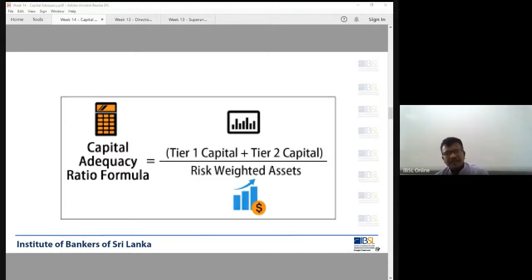Then some directions of the central bank. You should know about corporate governance, directions on related party transactions, directions on interest rates, directions on capital adequacy, then the types of risk, market risk, corporate risk, operational risks. So you should know a little bit about the risk area.